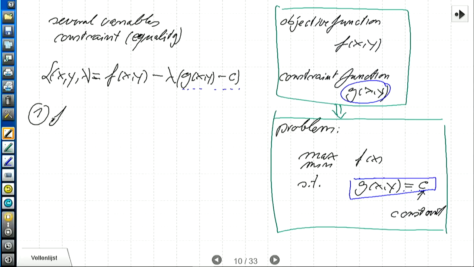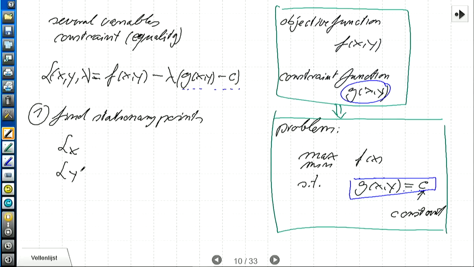Not surprisingly, step one is we find the stationary points, right? Which means, shorthand, the partial derivative with respect to x of the Lagrange function, the partial derivative with respect to y of the Lagrange function, and depending on your liking, if you want to be super correct, the partial derivative with respect to lambda of the Lagrange function.